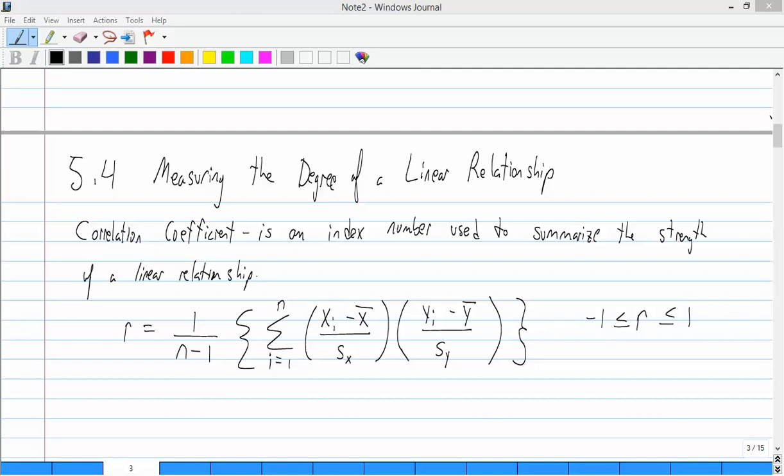There are some important characteristics that you need to understand about the correlation coefficient. Then I'll show you a few example scatter plots and what their correlation coefficient is equal to.